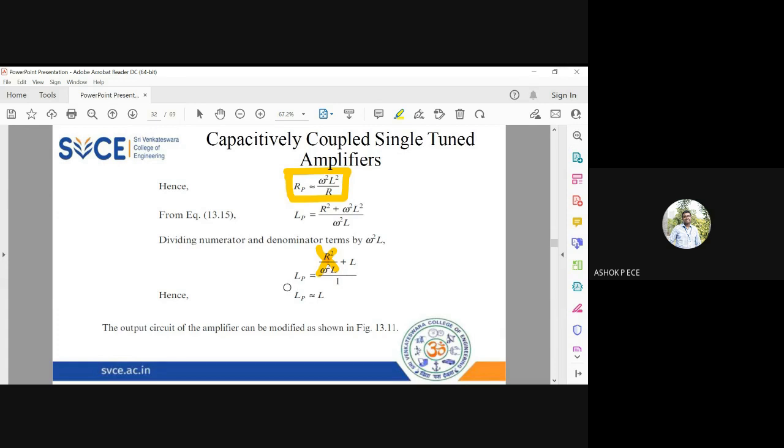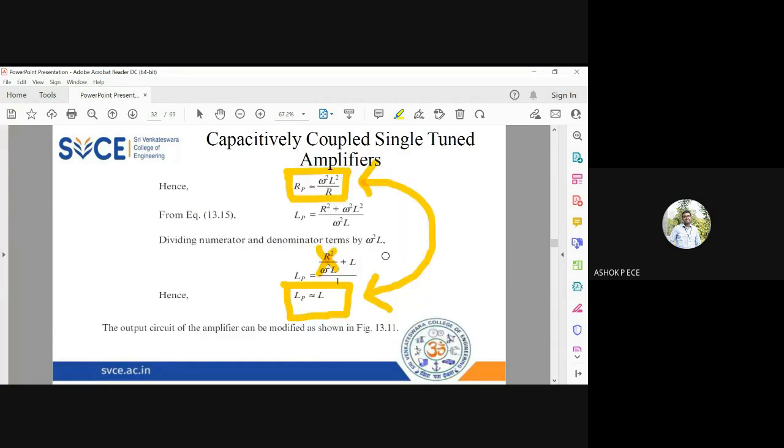So LP will be approximately equal to L. So these are the simplifications we do when we convert the series RL into parallel RL. Remember, you cannot just change the series RL into parallel RL like that, because the values will be completely different. After approximation, you can find the inductor value is the same, but the resistance value is not the same. It is omega square L square by R. So remember, this formula has to be applied for converting series RL into parallel RL.